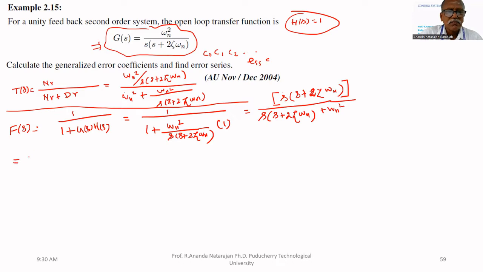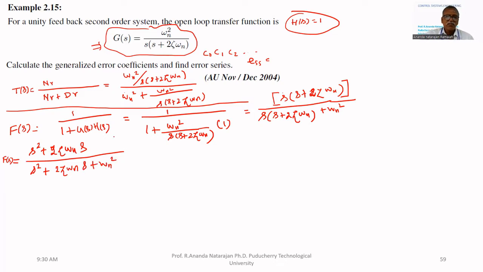So F of S equals S square plus 2 zeta omega n S upon S square plus 2 zeta omega n S plus omega n square. That is F of S.